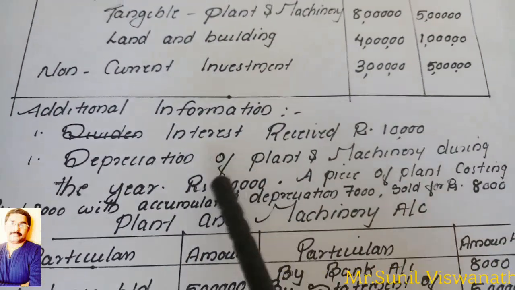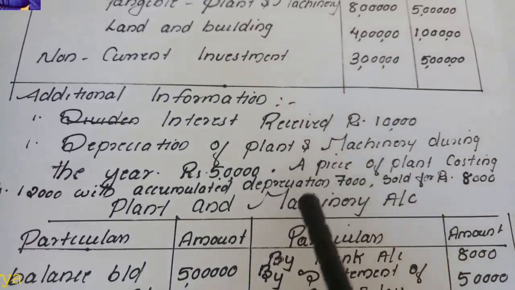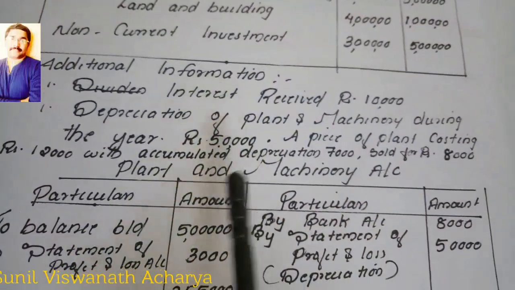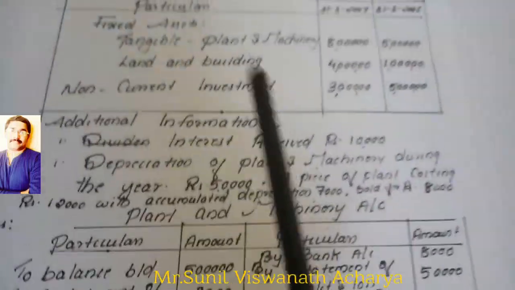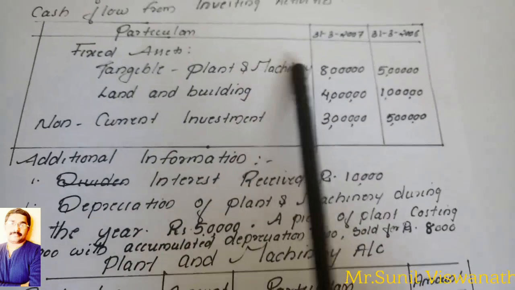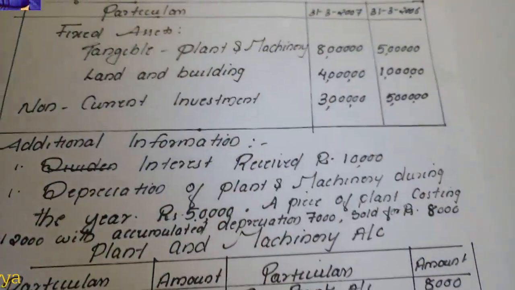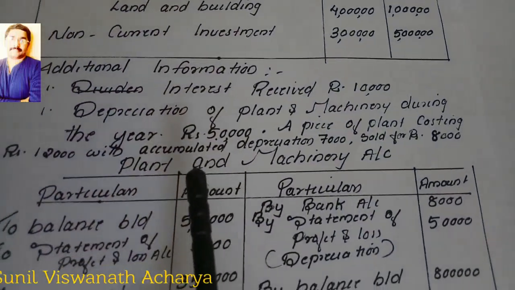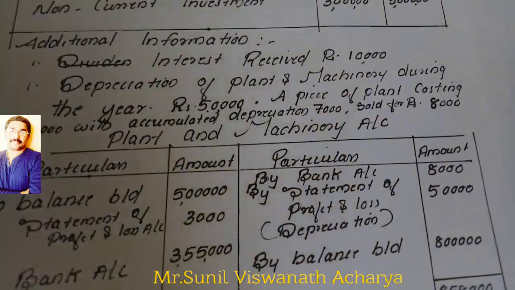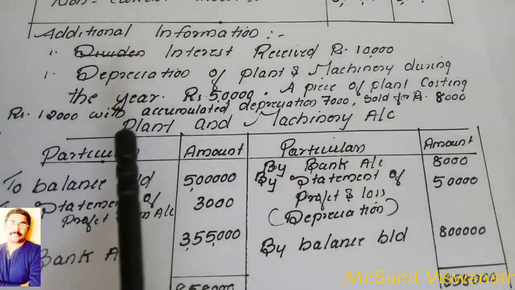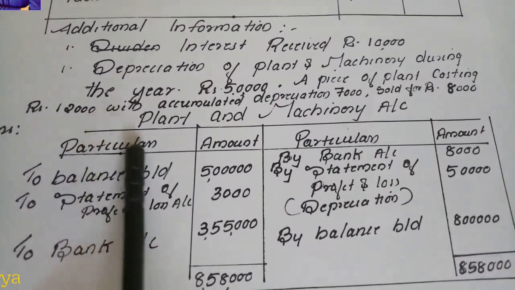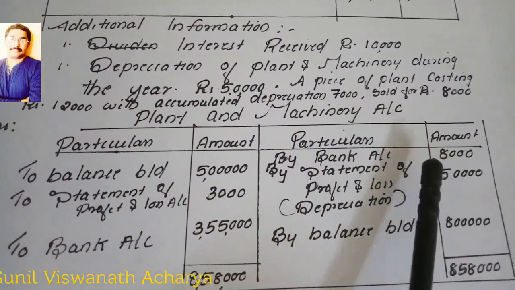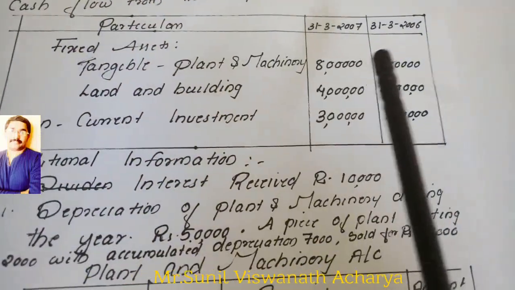So related to this plant and machinery, additional information is given. What we have to do is make this plant and machinery account first. Here accumulated depreciation is not needed, because the company does not maintain an accumulated depreciation account. Now we can directly prepare the plant and machinery account. When preparing a ledger account, we know the format: particulars and amount. First, the opening balance.